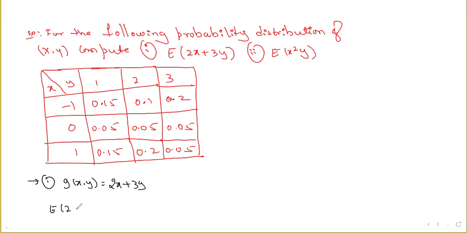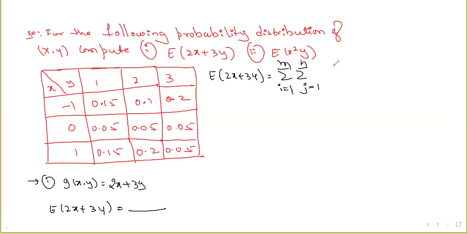So by the definition of bivariate expectation, i running from 1 to m and j running from 1 to n, instead of g of x, y we have 2x plus 3y into the probability p of i, j. This is the formula to calculate bivariate expectation.